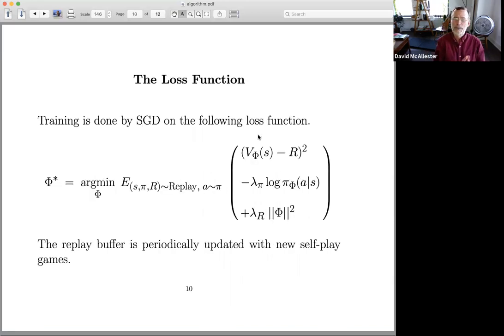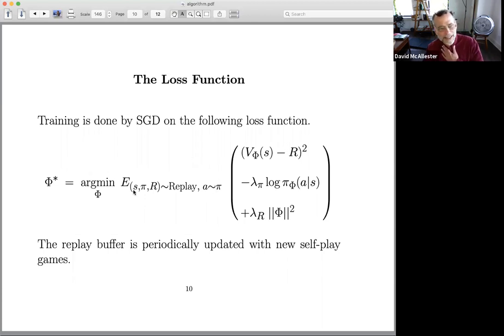And then this is our objective function. We're going to optimize this loss function. This loss function is saying that the value network should be a predictor of the outcome of the game. So the value network is trained to be the expected outcome of the game from position S. The policy network is trained to mimic the policy pi.